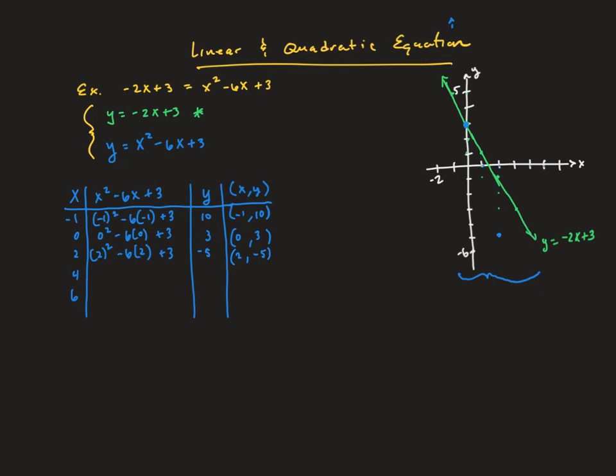4 is going to be, you're going to have 4 squared minus 6 times 4 plus 3. So that is going to be 16 minus 24, which is going to be negative 8.